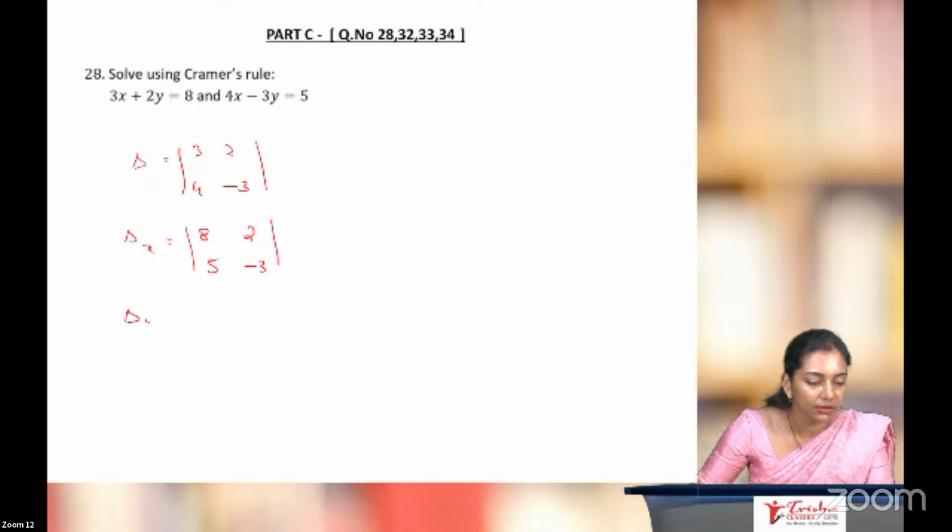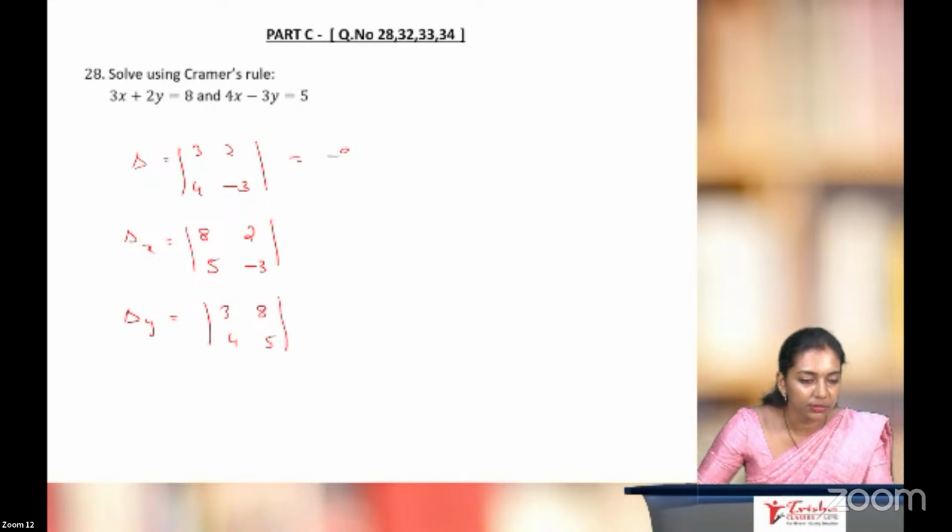Okay, next delta y. So replace only the y coefficients by the constants. 3, 4 as it is. Y coefficients are changed. So that is 8 and 5. Now get the value. So this is minus 9 minus 8. Okay, so it is minus 17.